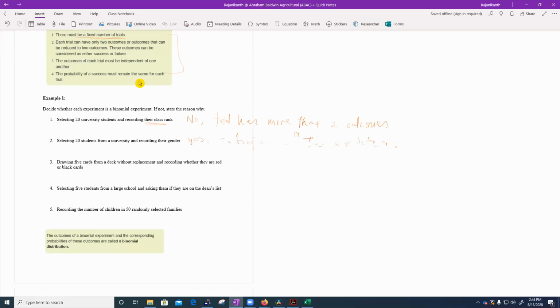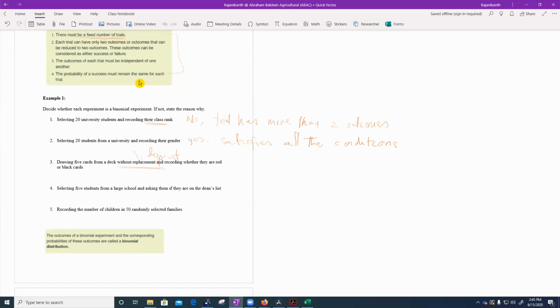Number 3, drawing 5 cards from a deck without replacement. Remember, we have seen in previous sections that drawing a card without replacement means dependent events, because for the second drawing you will have one card less than the previous one.